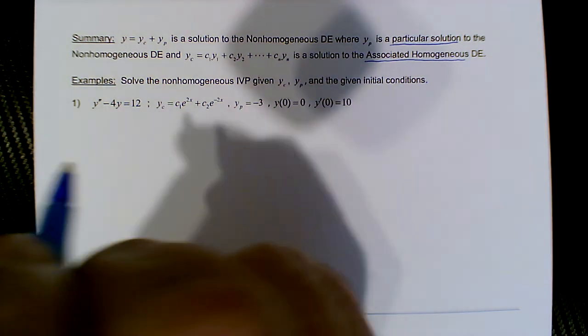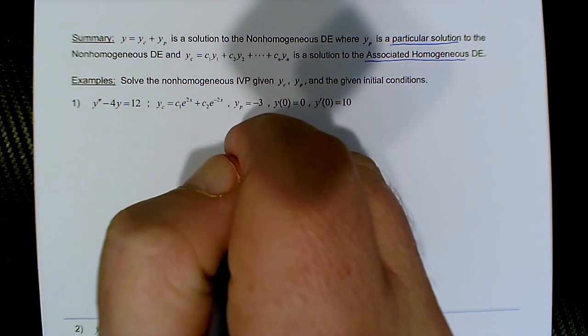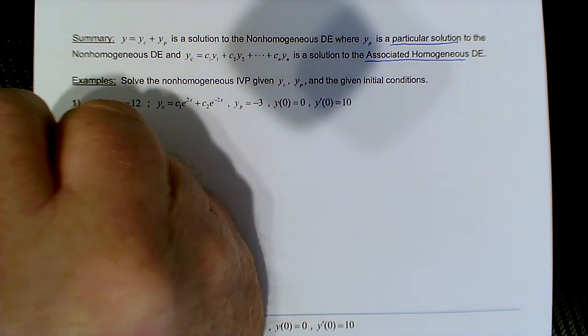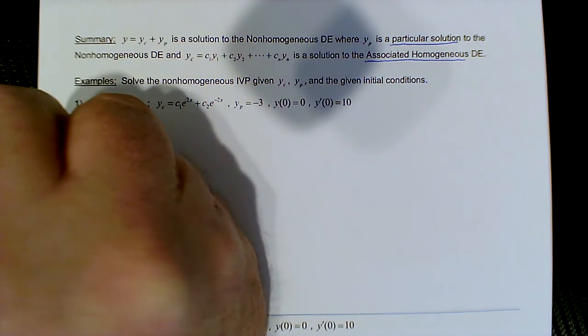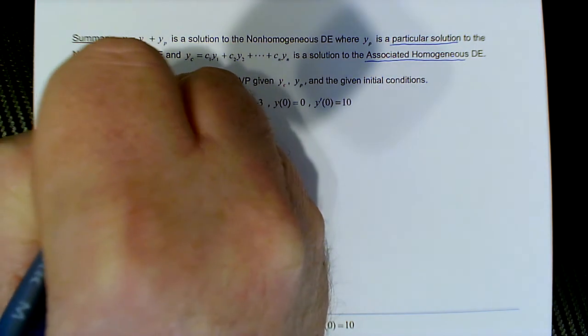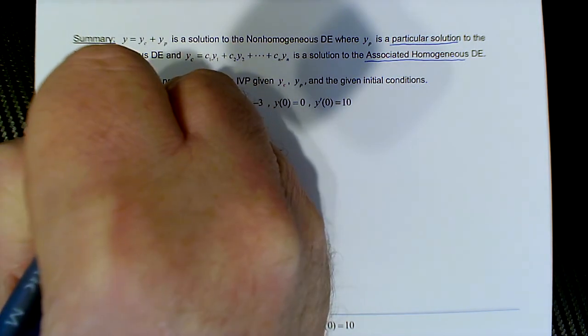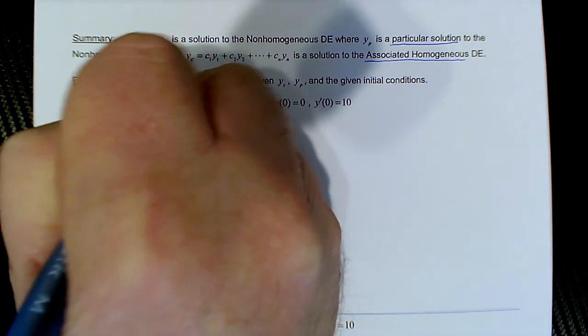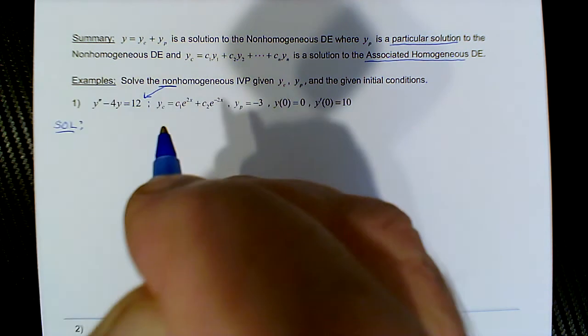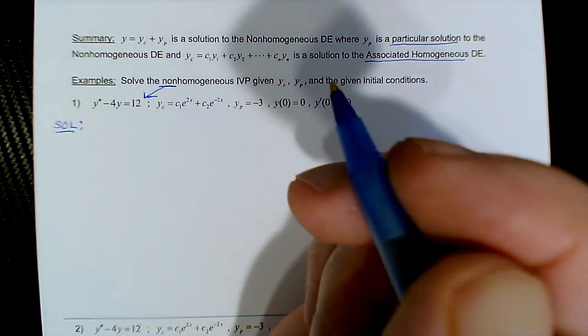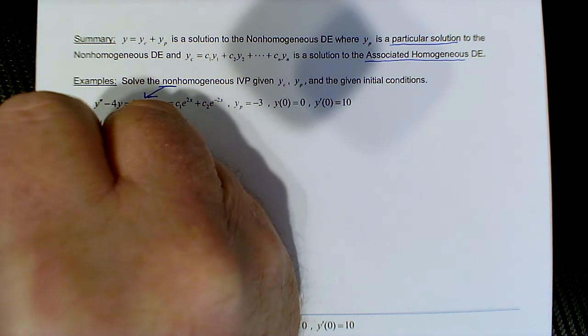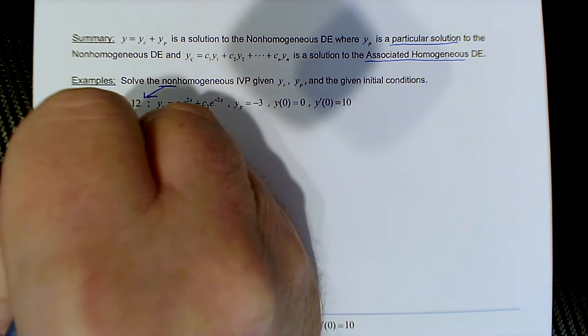So the general solution, because it's non-homogeneous, because it's equal to some function. In this case, it's just a constant, but it's not equal to 0. So a general solution is going to be y equals y sub c plus y sub p.